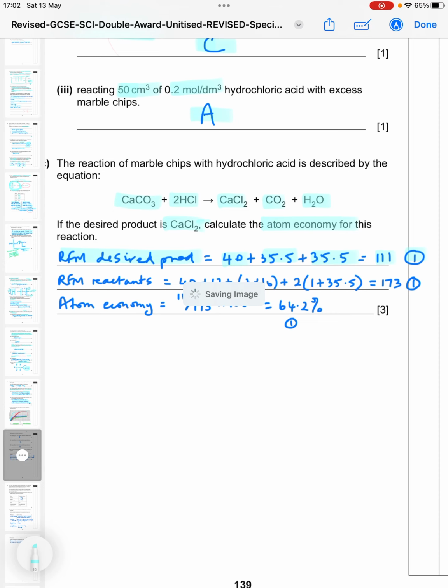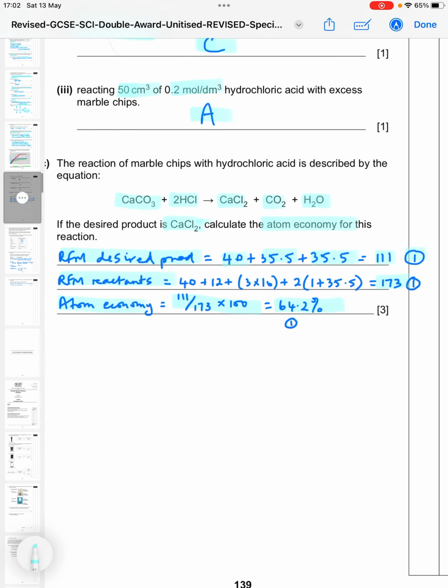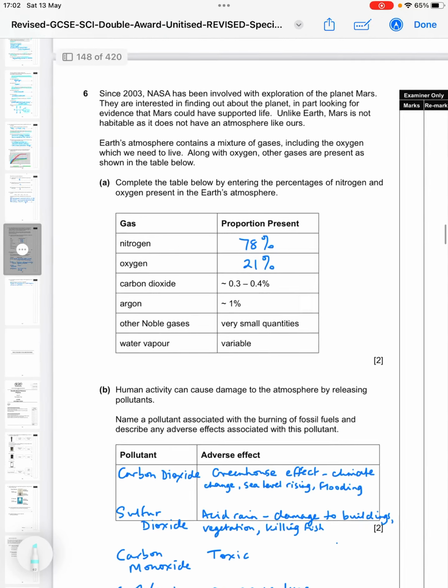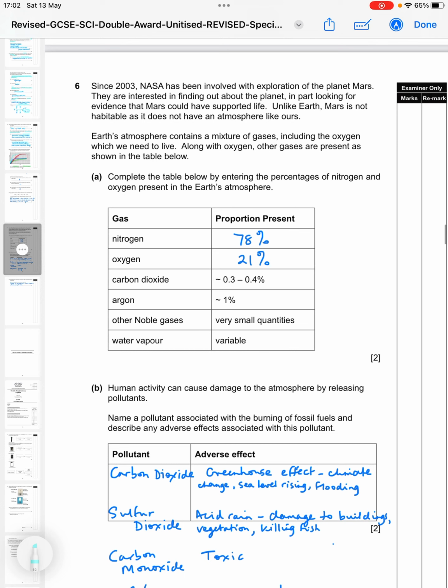And then the atom economy is the mass of the desired products divided by the total mass of the reactants, which when you do 111 divided by 173, you get 64.2%. So 3 marks there. 1 for the formula mass of the product, 1 for the formula mass of the reactants, and the third mark then for the atom economy.